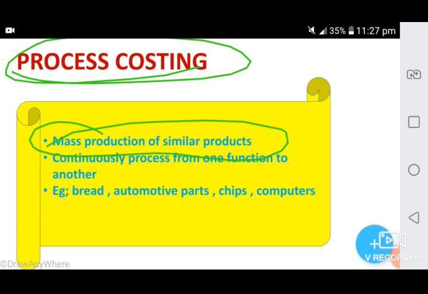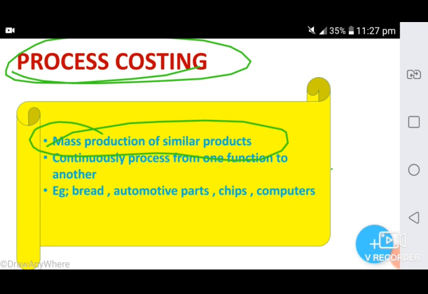In these companies, the manufacturing costs incurred are allocated to the proper function or department within the factory process rather than to a specific product. For example, products that companies produce continuously are bread, automotive parts, chips and computers, and also services such as mail sorting and catalog orders are examples of continuous or homogeneous processing.